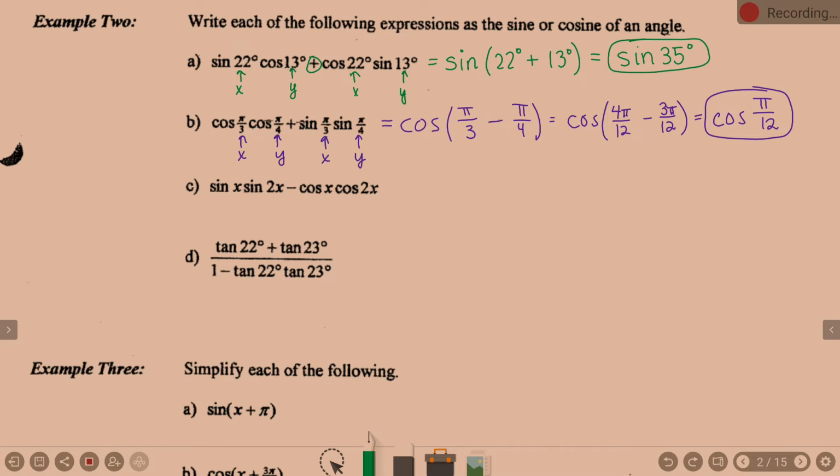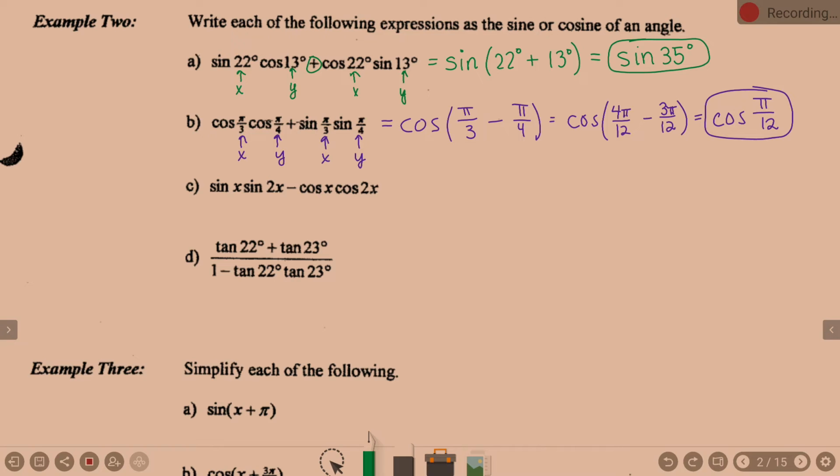We know it's cosine because there's a sine and a cosine, and that matches the cosine identity. The thing is, the cosine identity starts with cosine. It wouldn't be a big deal if this was a plus sign, but there's a minus sign that we're going to have to adjust.